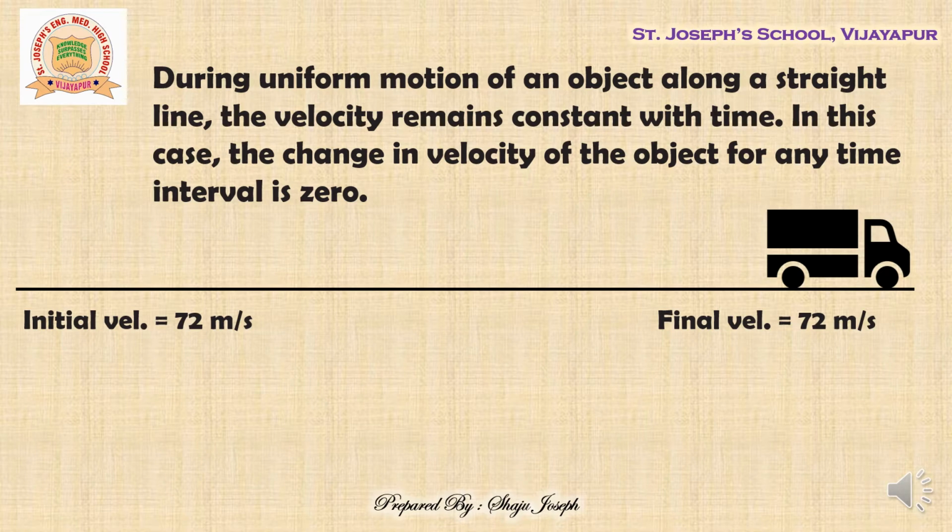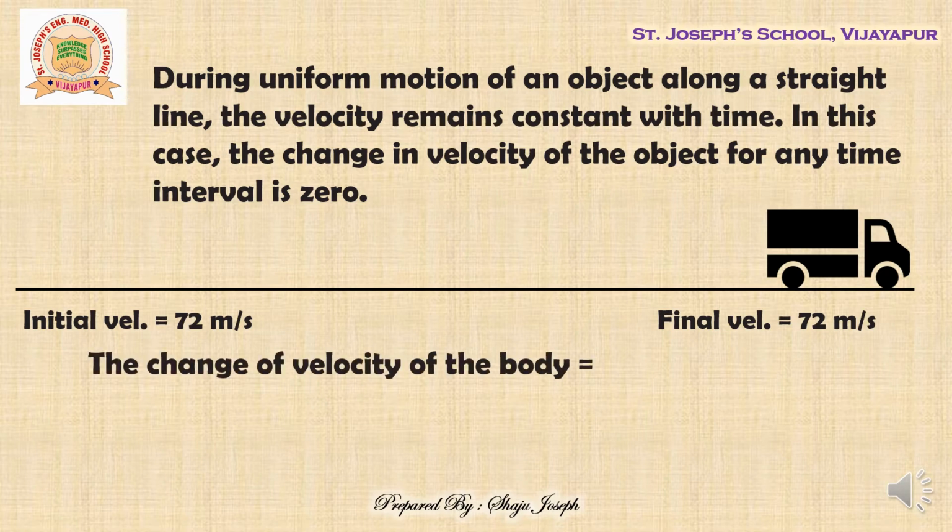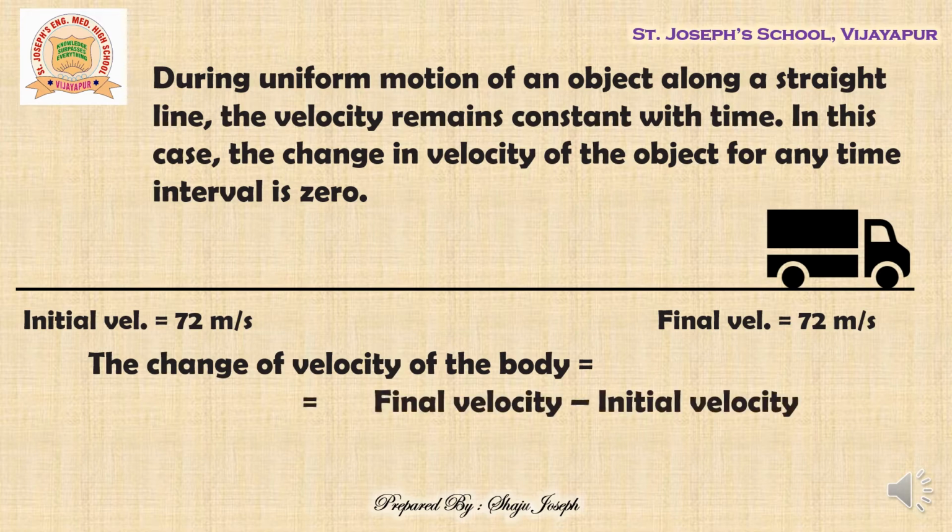If I check the change in the velocity of the body, let us subtract initial velocity from final velocity. That is how we find the change in any physical quantity, right? If you want to find the change between A and B, we find A minus B or B minus A. Similarly, to find the difference between the final velocity and initial velocity, we subtract initial velocity from final velocity.